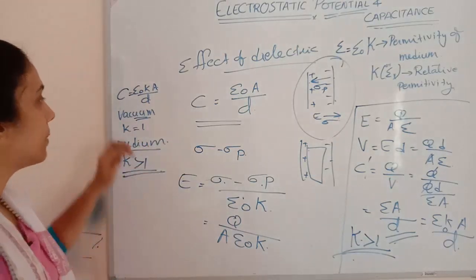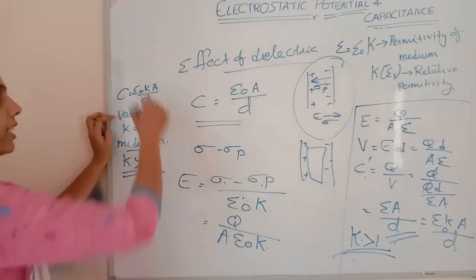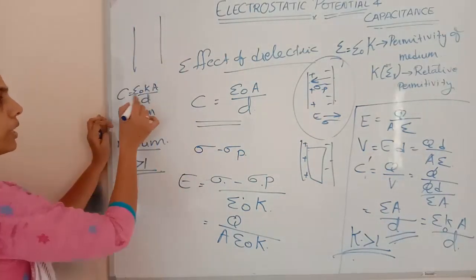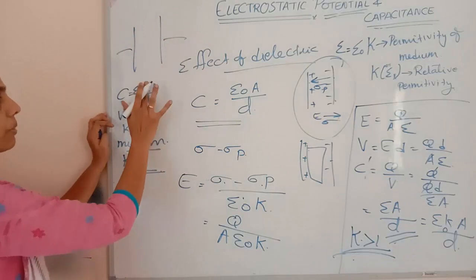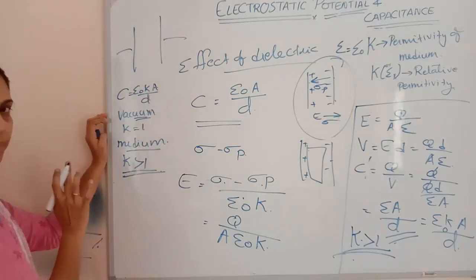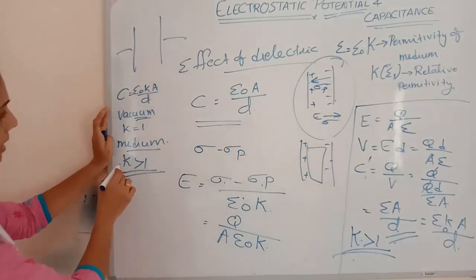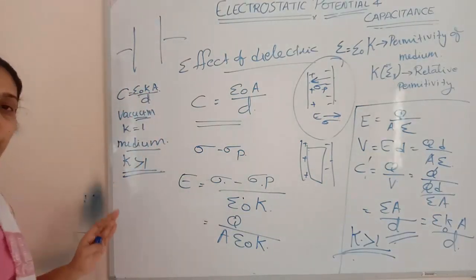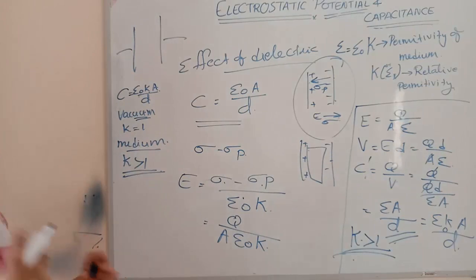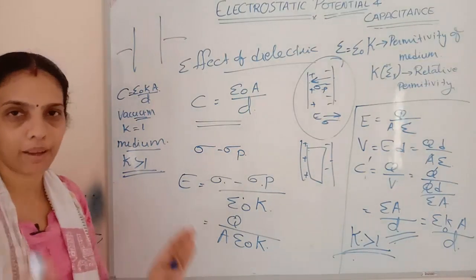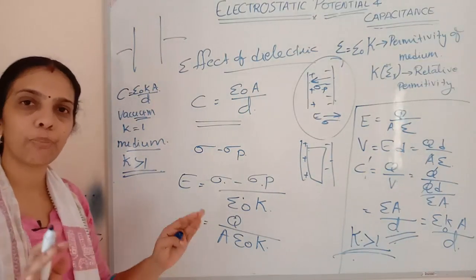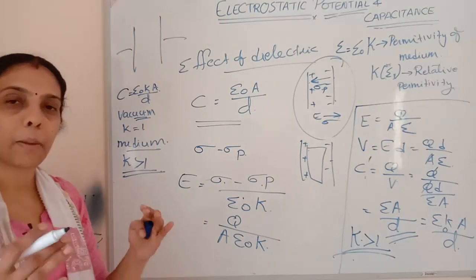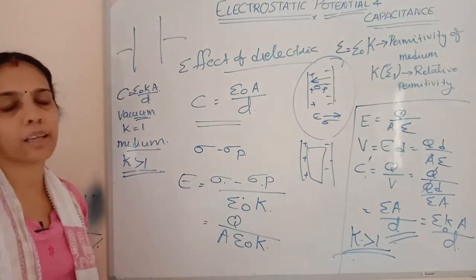Clear? So in the case of vacuum, there is no medium in between the capacitor, so it will be equal to epsilon 0 A by D. If any medium is present, it is epsilon 0 into K into A by D. So the presence of a medium increases the capacitance of a parallel plate capacitor.